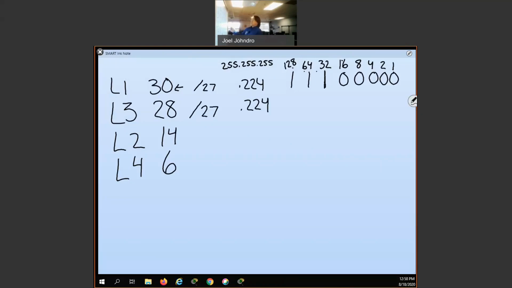Now to accommodate 14 hosts in LAN 2, we can actually go smaller. We can put a 1 below the 16. That gives us 4 ones in the last octet, which is a /28. For the subnet mask, again, you add up all these numbers, 128 plus 64 plus 32 plus 16, and that comes to .240.